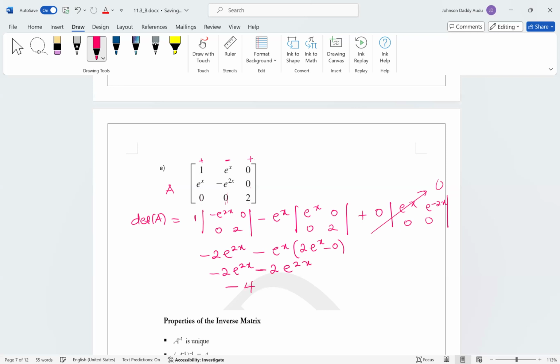So I think everything becomes minus 4e^2x. And you can see this one is always not equal to 0. So this is not equal to 0. And that means that what? This is not equal to 0 for all x, right?